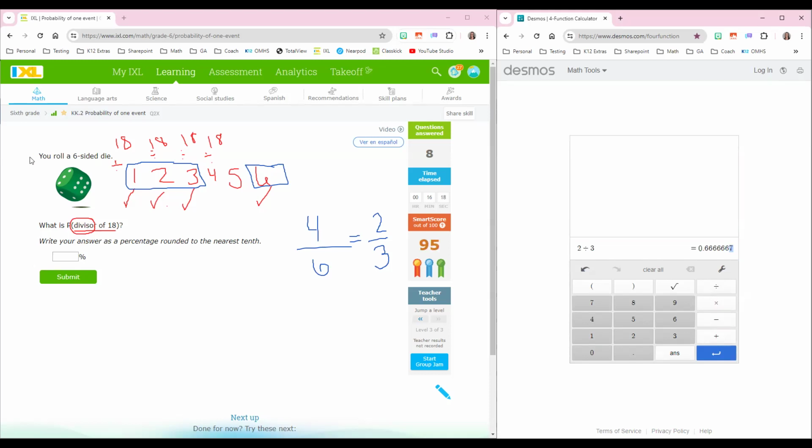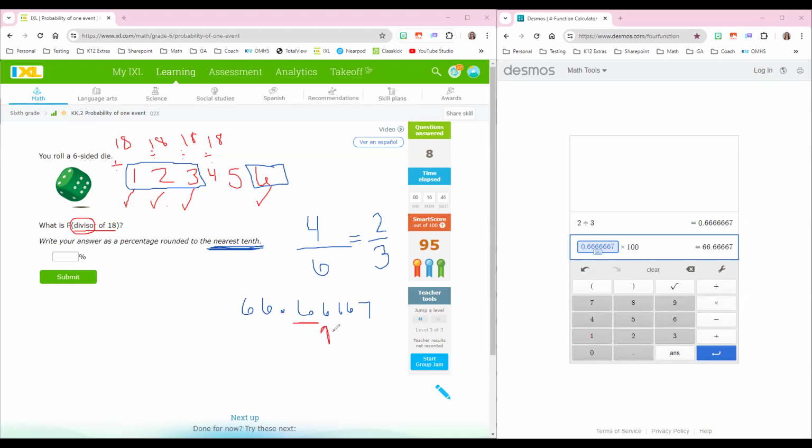Well, if we come back and look at our directions here, we want to round the percentage to the nearest 10th. I'll go ahead and turn this into a percent first and then round. So unrounded, we have 66.66667. But if we want to round to the nearest 10th, remember that's the first decimal place.